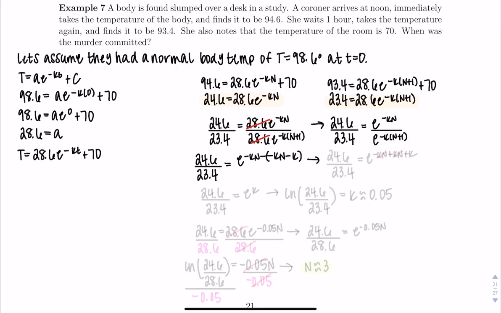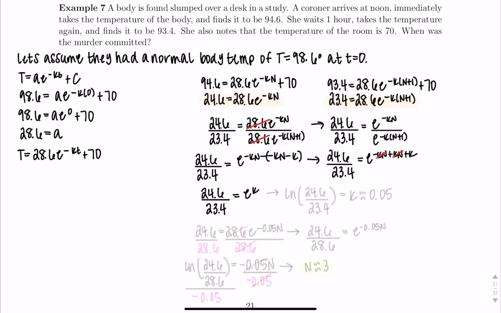So this actually simplifies to something nicer. That's 24.6 over 23.4 equals e to the negative kn plus kn plus k. And so the negative kn and the kn cancel. We've got 24.6 over 23.4 equals e to the k.